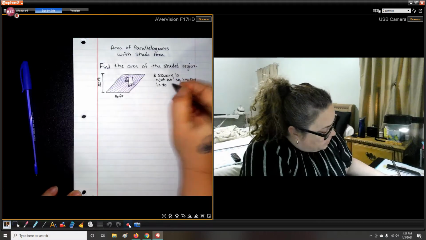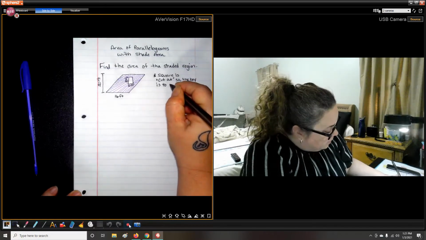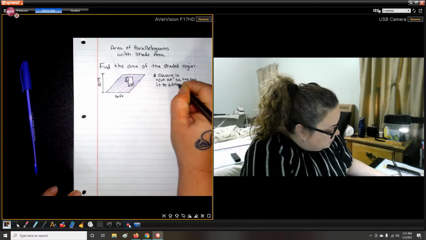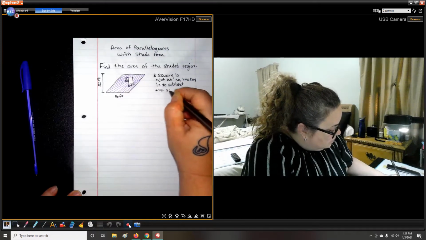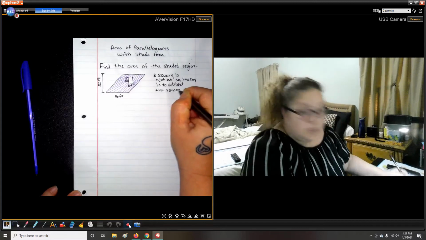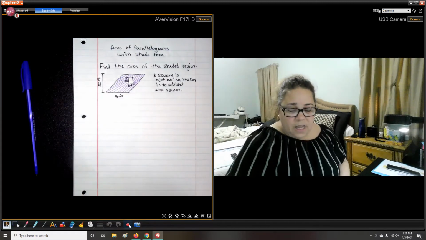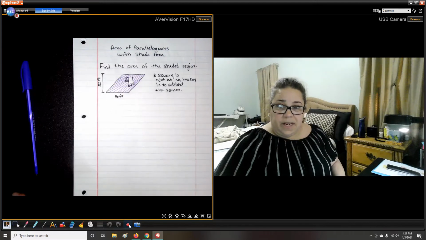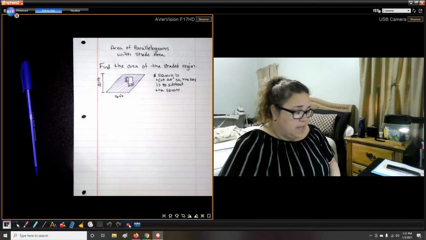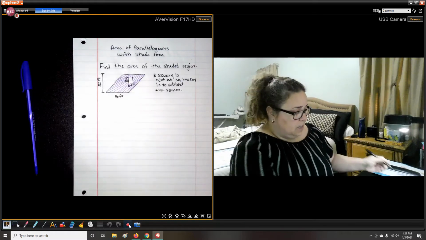The key is to subtract the square. Okay? All right, so here we go. Ready? We have a polygon. What's the area formula for a polygon?